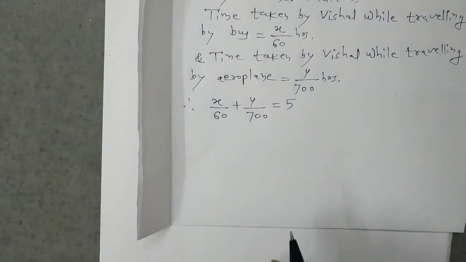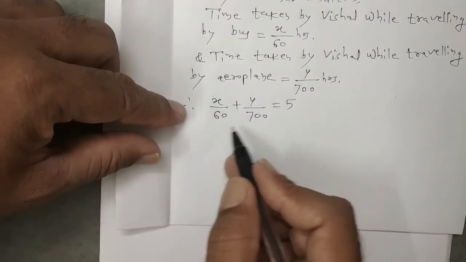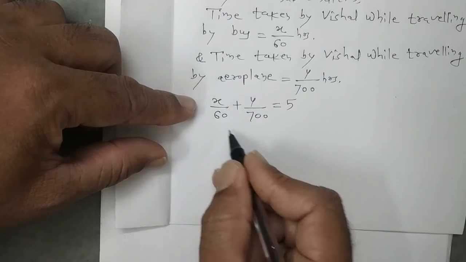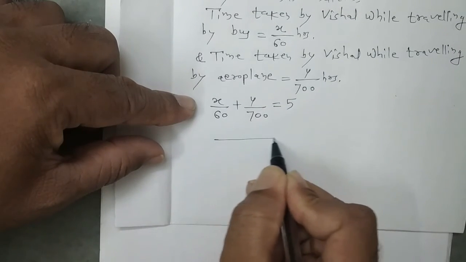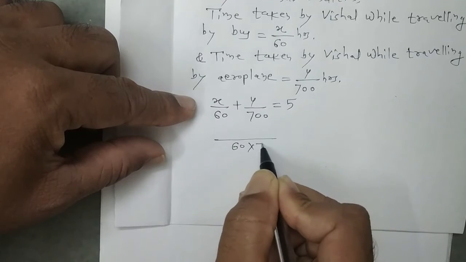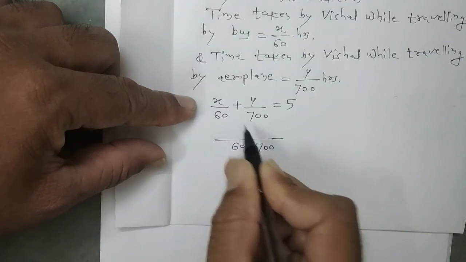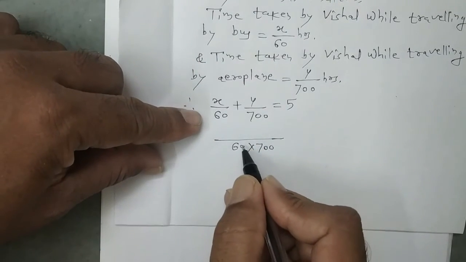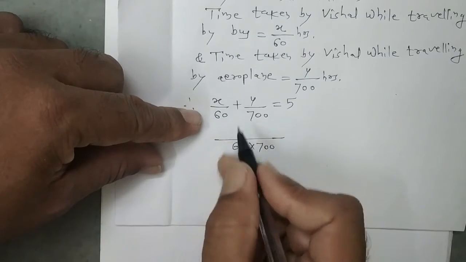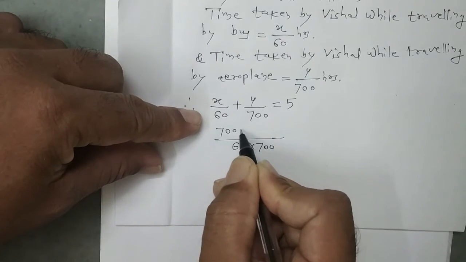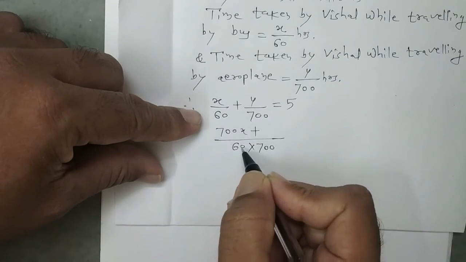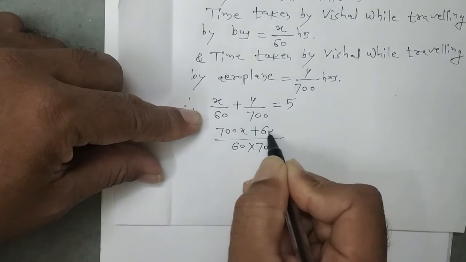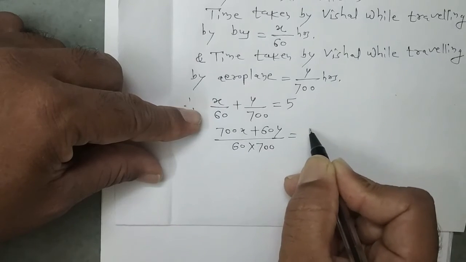Now taking the LCM, which is 60 into 700. Dividing by 60 gets cancelled, 700x plus, 700 gets cancelled, 60y is equal to 5.